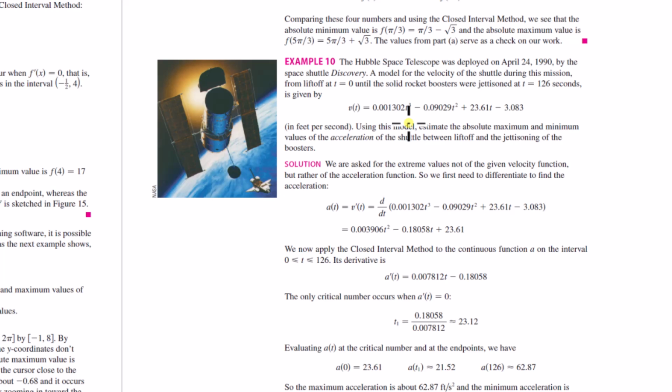And so that's useful, right? That's what we could do for this velocity function. That's what we could do when they take the derivative for the acceleration. What is the absolute maximum and minimum acceleration over that time period for t equals 0 to 126?